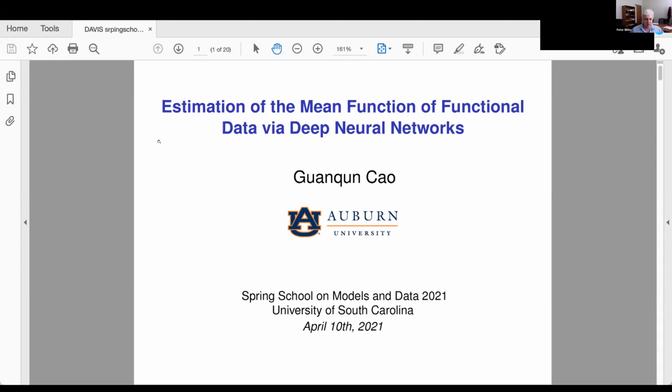So the next talk is by Guanqun from Auburn University: estimation of the mean functions of functional data via deep neural networks. Thank you for the nice introduction.